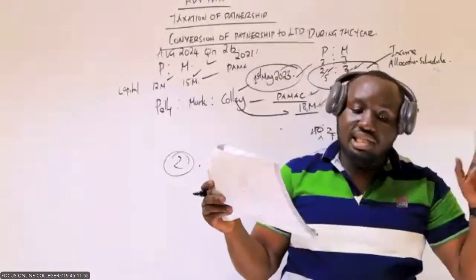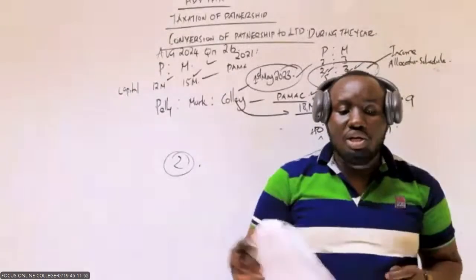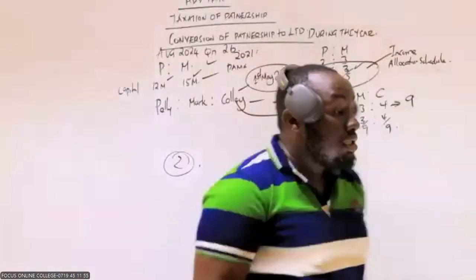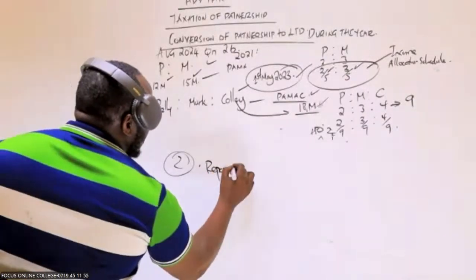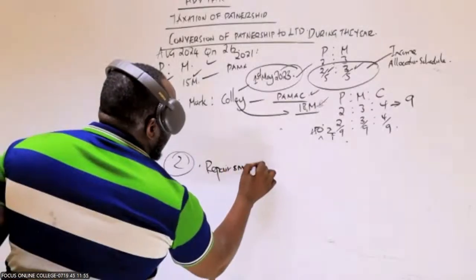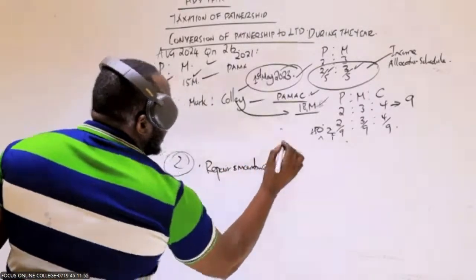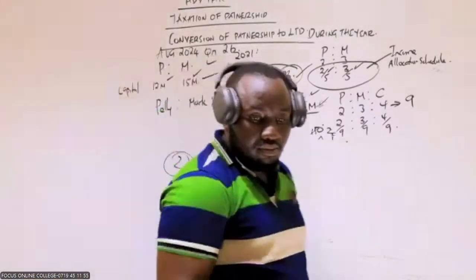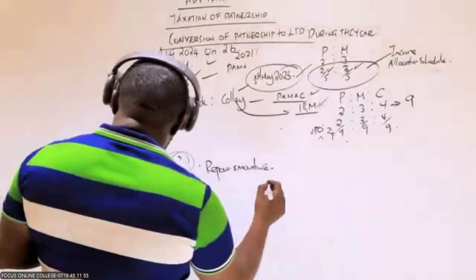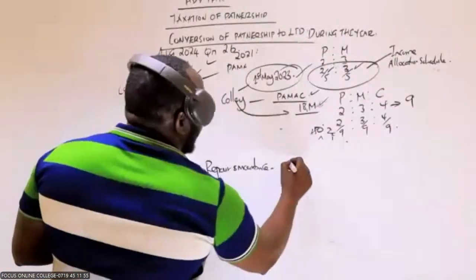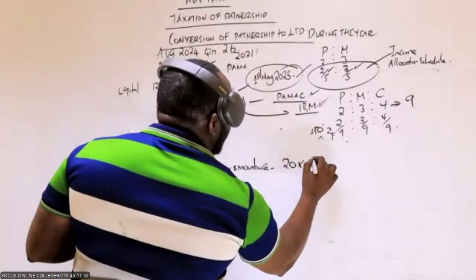Repairs and maintenance: is that an allowable or non-allowable expense? That's allowable. Remember that figure is monthly. We round it off, that figure is monthly, so that should be 20 times 12.